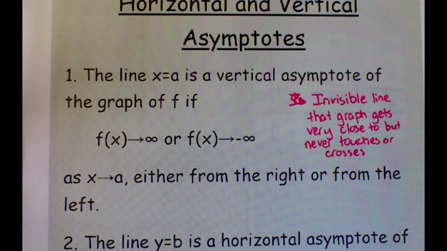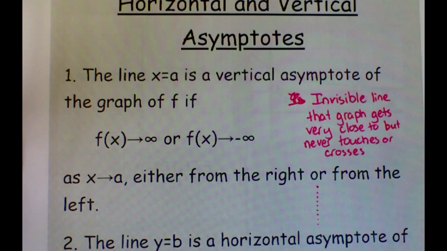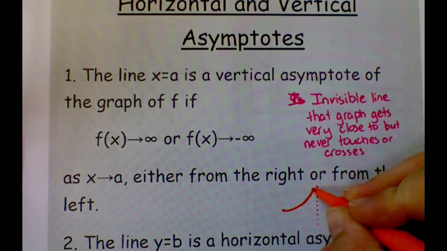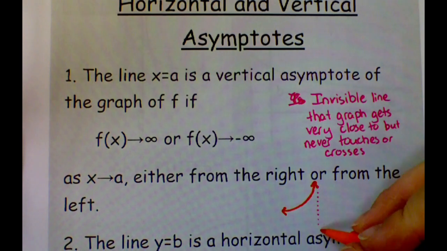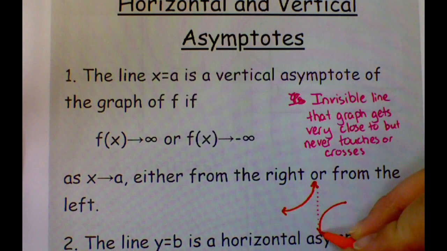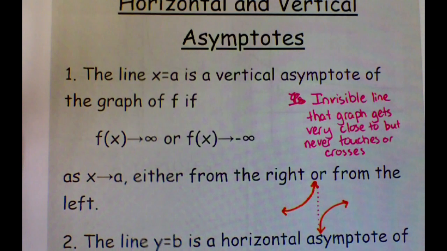So what that looks like in a picture is, let's say this is my vertical asymptote. My graph can get really, really close to it, but it's just going to shoot off to infinity. Or maybe it's coming down from down there, really, really close to it, but never quite touches it.